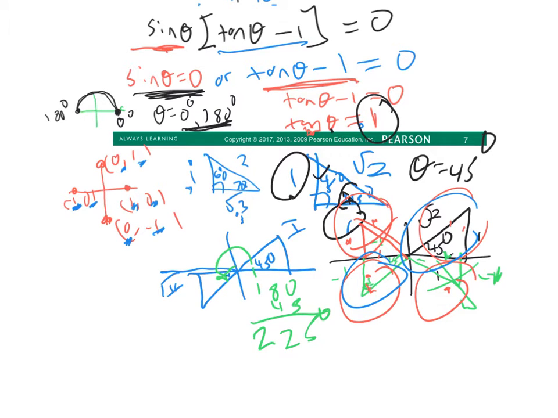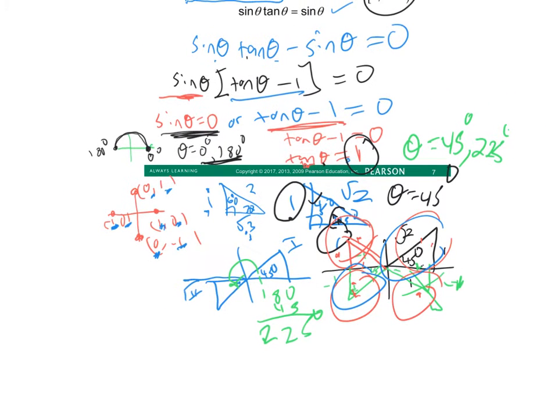So in this problem, theta can be 45 degrees, and it could also be 225 degrees. So there are 4 answers to this problem. Keep in mind, most trig equations can have 2 answers.